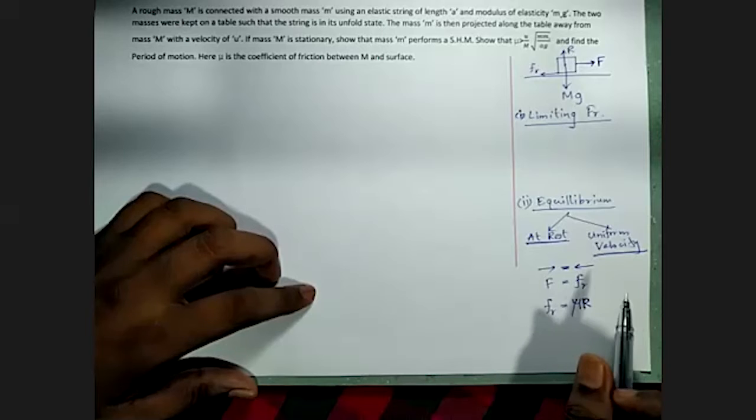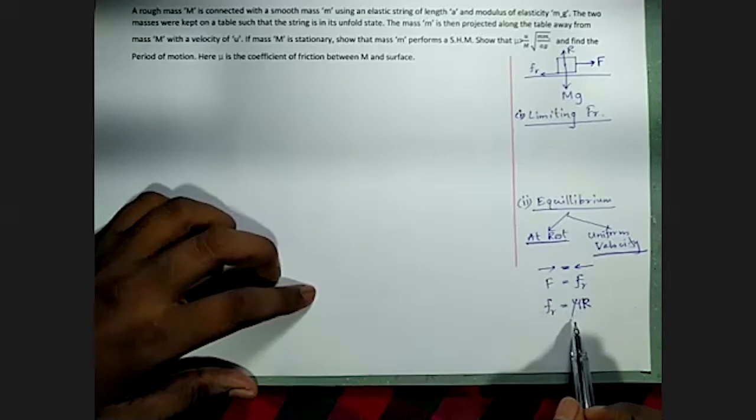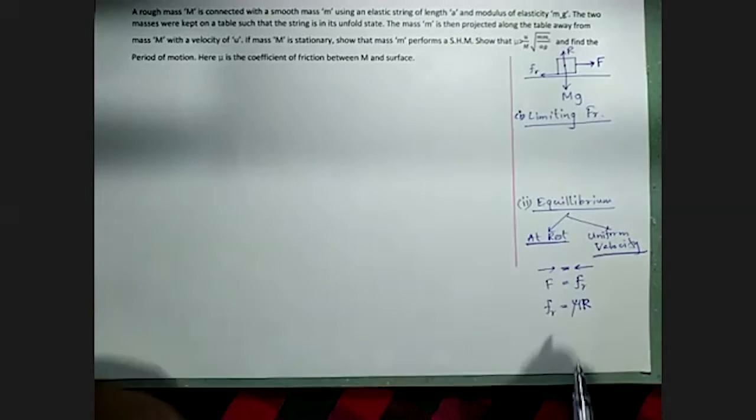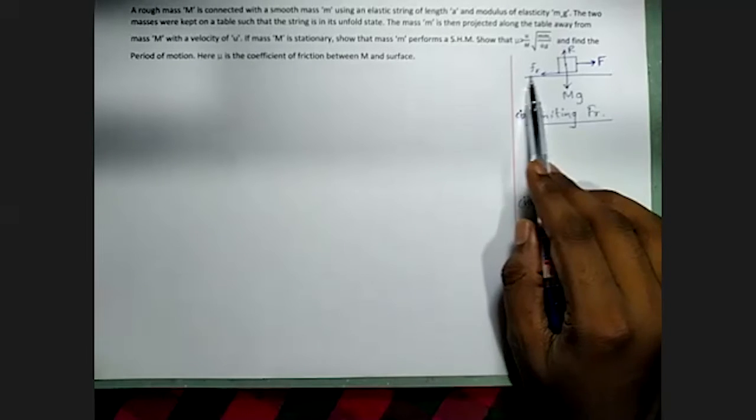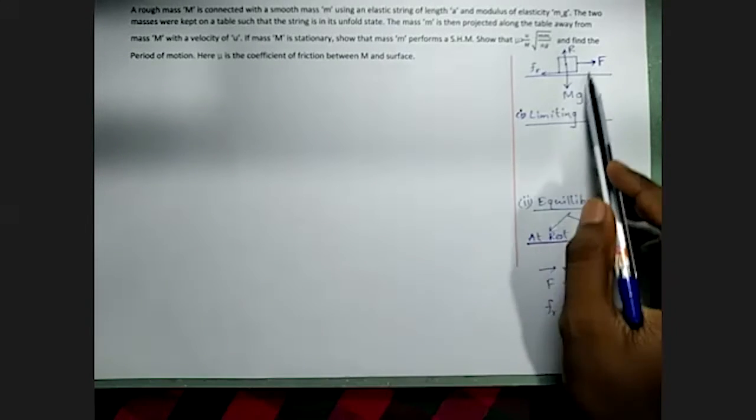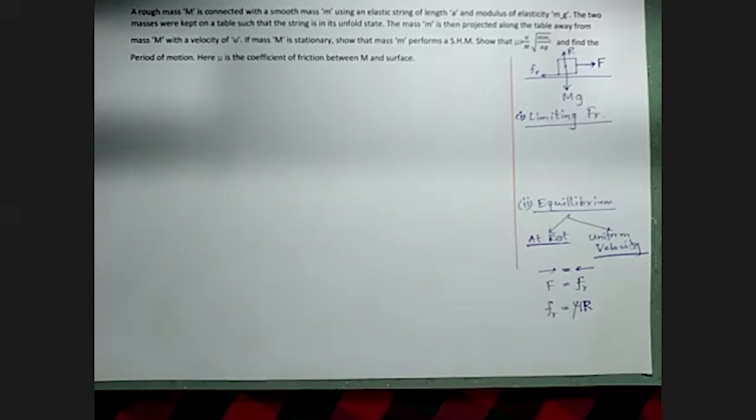Coefficient of friction is given in the question. It depends on the nature of the surface, or the contact surfaces. This rough surface and this rough surface of the weight. Mu depends on those two surfaces.